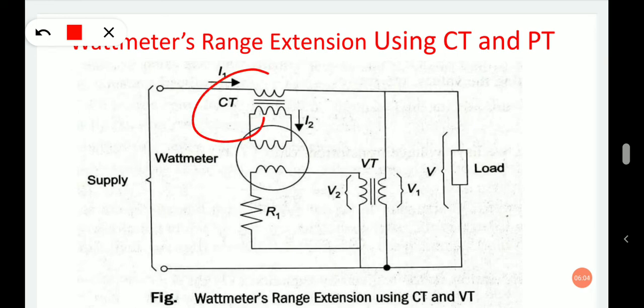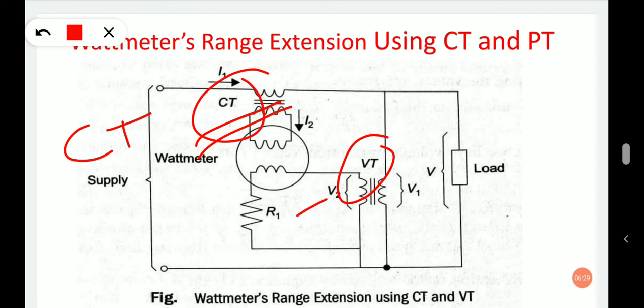It needs a current transformer, that is CT, to reduce the load current, and a voltage transformer, that is VT, or we can say PT, to reduce the load voltage to a suitable level.